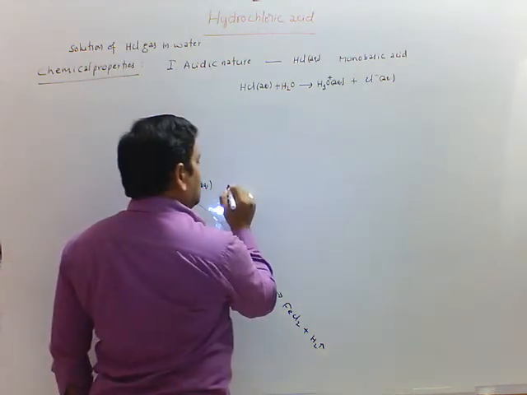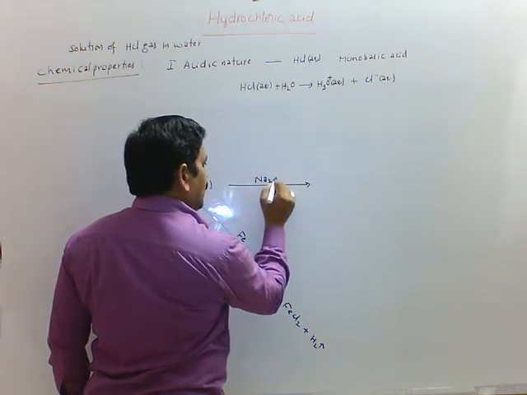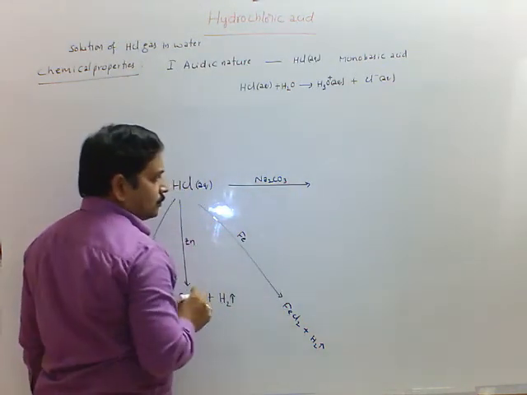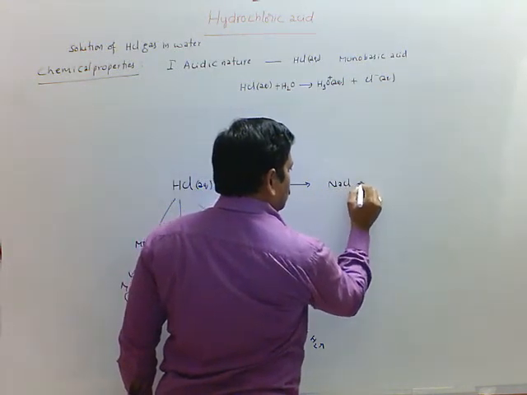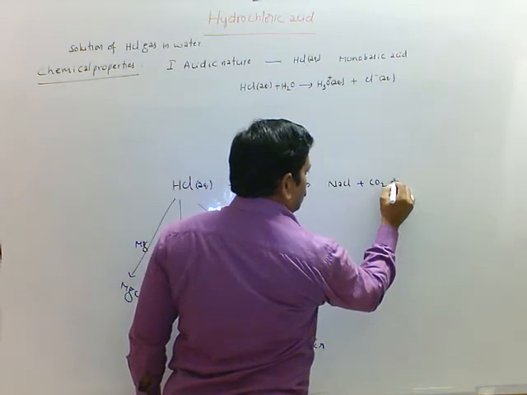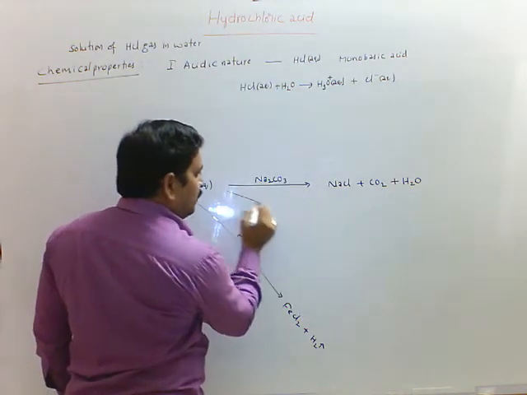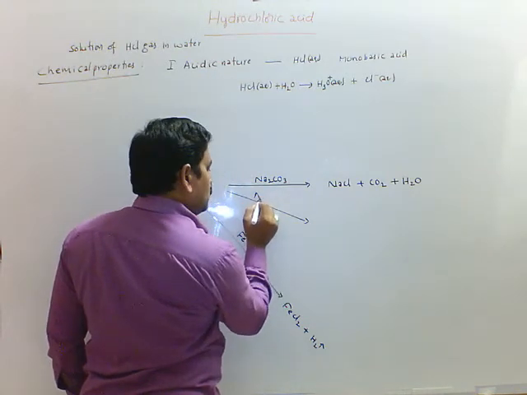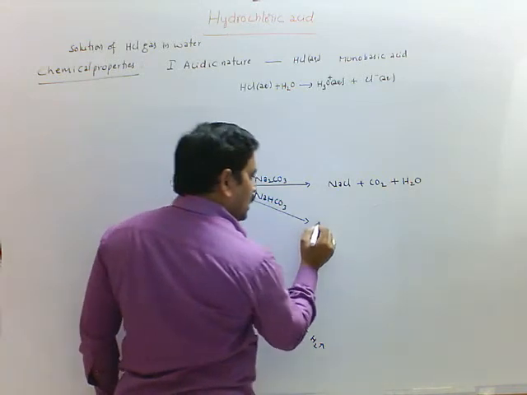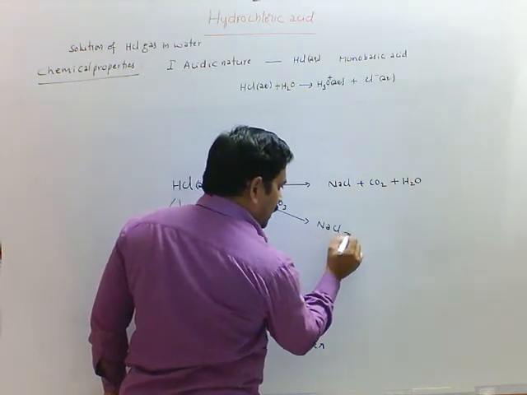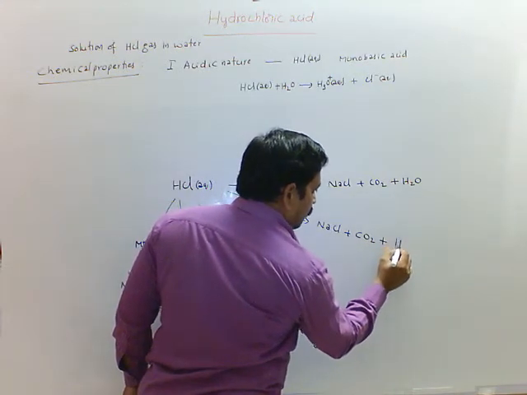Next one is reaction with sodium carbonate, Na2CO3. We get sodium chloride, carbon dioxide and water, and reaction with bicarbonates, sodium bicarbonate. In this also we get sodium chloride, carbon dioxide and water.